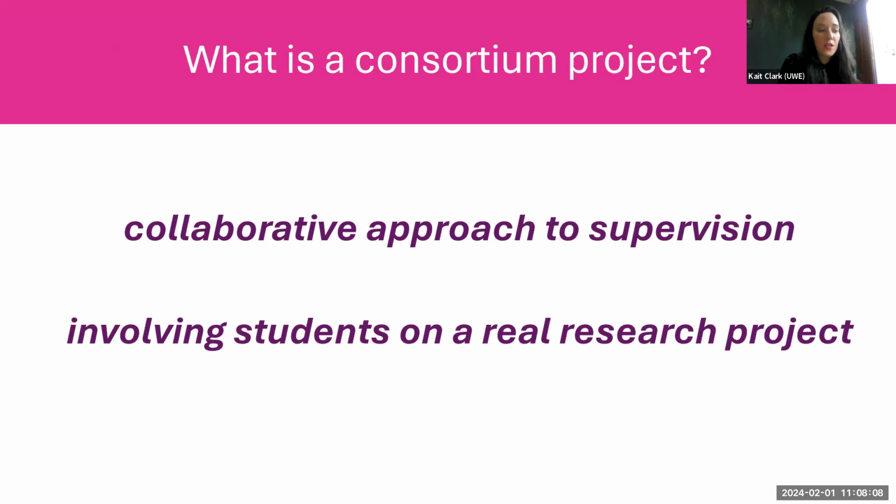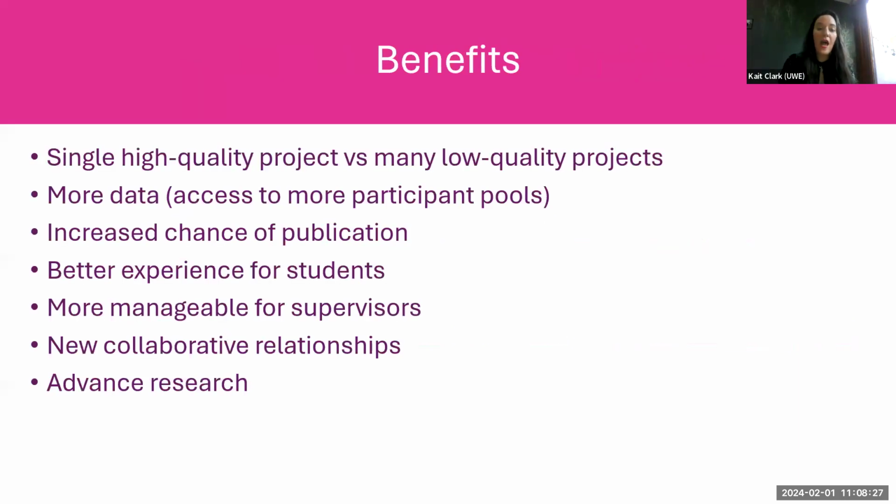So when I use the phrase consortium project, I'm referring to a collaborative approach to supervision that involves bringing the students into a real research project, the kind of thing we would normally collaborate on together, getting the students involved in the kind of work we want to be doing anyway. There are lots of reasons we want to do this. We would prefer a single high quality project versus many low quality projects with our students.